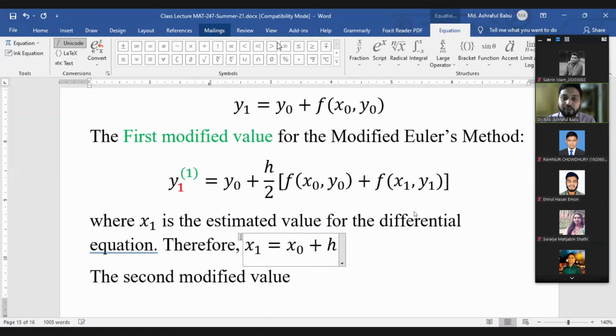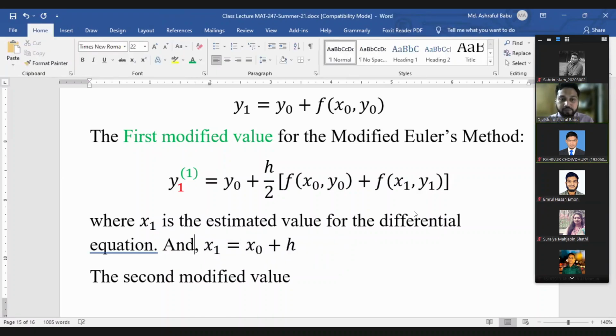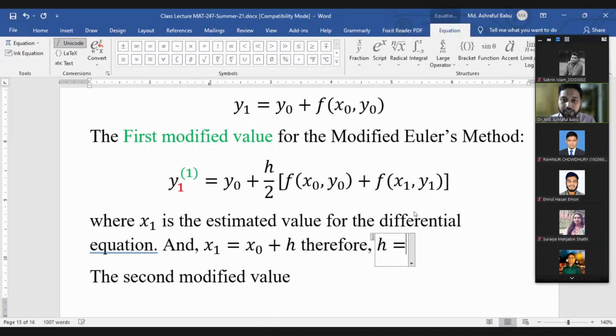So from that you can find the h. x1 minus x naught, that is the h. You understand this process? So h equals x1 minus x naught. That will be the h.